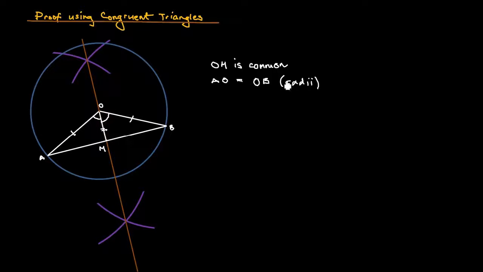So AO equals OB, that gives us our two sides, and we can say angle AOM must also equal angle MOB. Why? Because they're bisected.